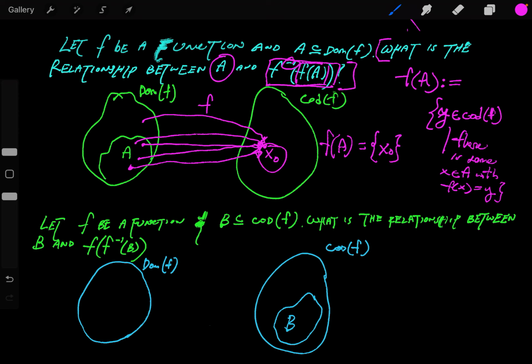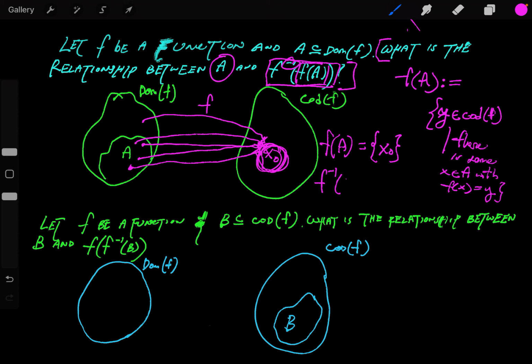And then now we have to ask ourselves, what's the pre-image of this? And the pre-image needs a definition, right? So what's the pre-image of a set, some set B? It's everything that gets sent into that set from the domain.